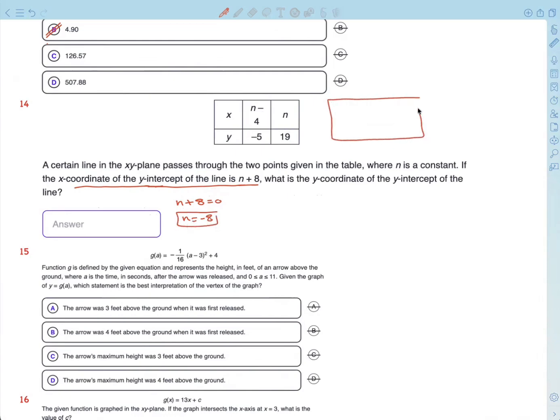So we will draw it again. This is x and this is y. N minus 4, so negative 8 minus 4, which equals negative 12. And this is n, which is negative 8, and write down negative 5 and 19. This is a line, and this is a table. You can use Desmos to create the equation for this table.